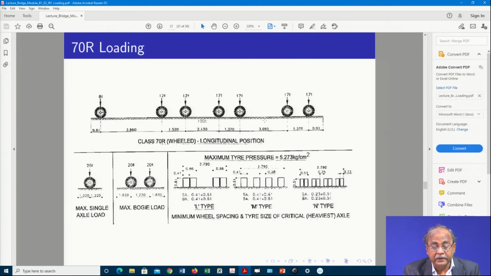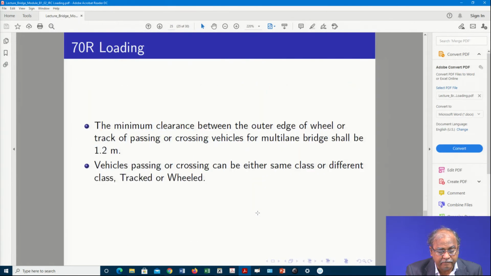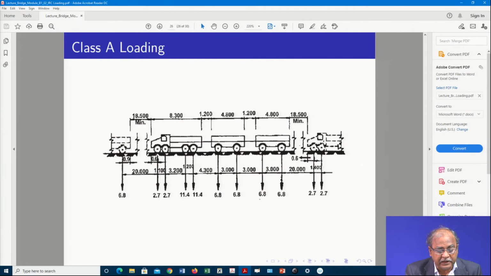If you go for IRC 6, from there you can get this loading for 70R loading, and for class A loading you can find out how these wheels are distributed. Similarly, class A loading is 2.7, 2.7, 11.4, 11.4, then 6.8, 6.8, 6.8, 6.8, like that.